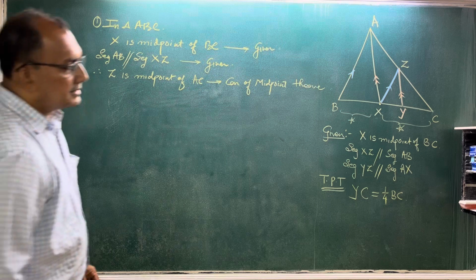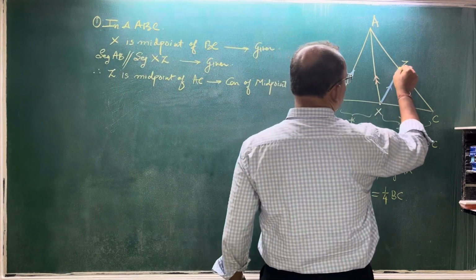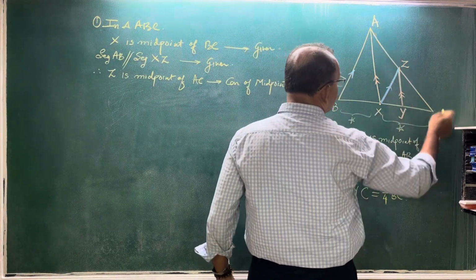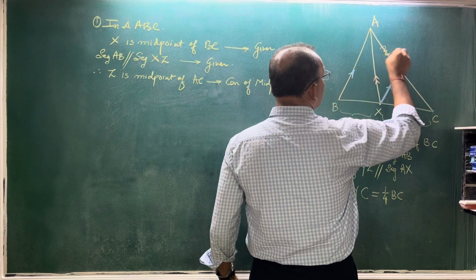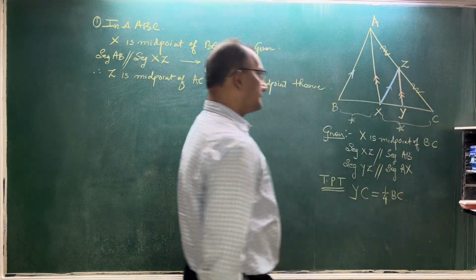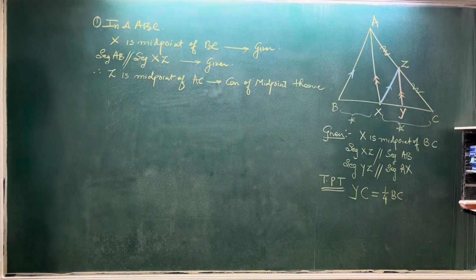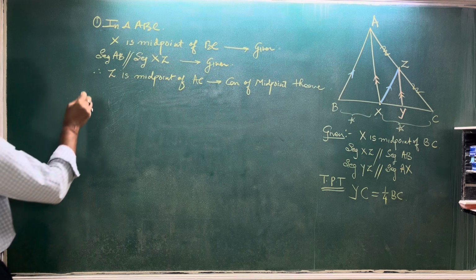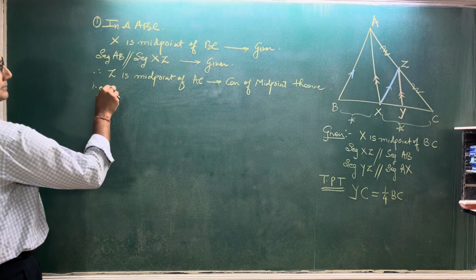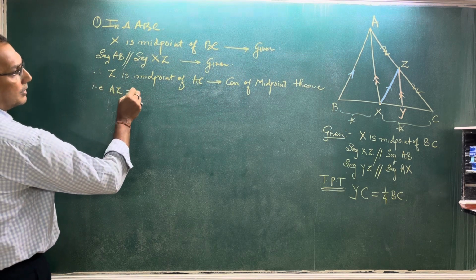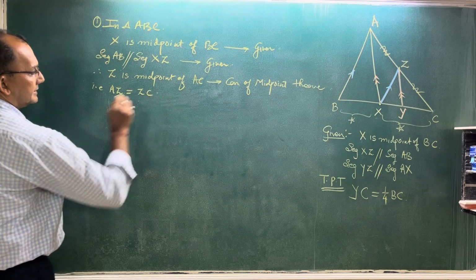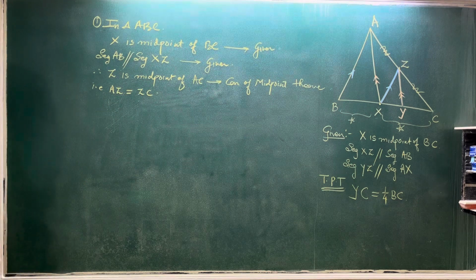Okay. So since Z is a midpoint of AC, can I mark this segment is congruent to this? So it is, that is, AZ will be equal to ZC.